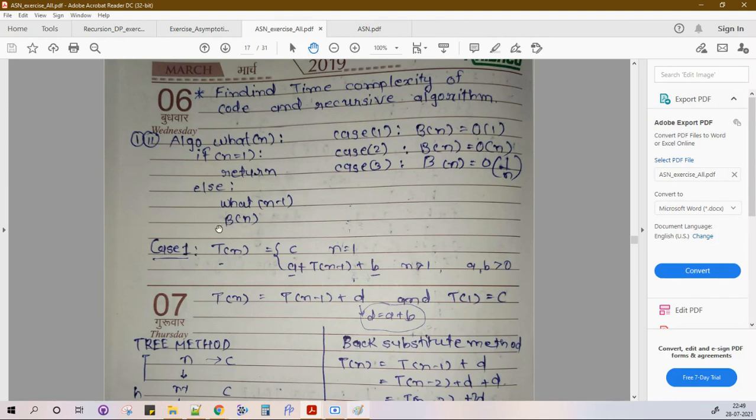Then I am making the call to this function, and that is also order of 1, so I write one more constant b. So a plus b I can write as d, because both are constant. This is some constant work I need to do at every recursion call. Is it clear now? Yeah.